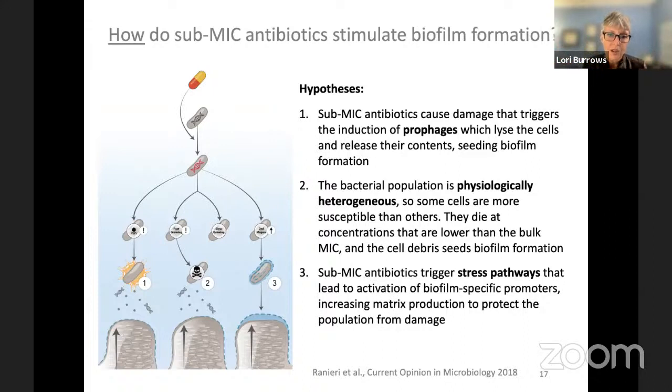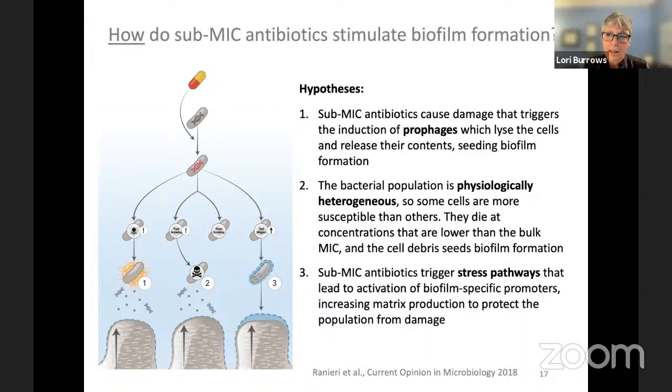So both of these first two ideas rely on the idea that if you have bacteria dying and spewing out their guts, that's going to help the rest of the biofilm grow. And we tried to test that idea by actually adding dead bacteria to the wells when we form a biofilm. And we saw a little bit more biofilm, but not anywhere near the huge spikes that we get for some antibiotics. So we don't think this idea is the only thing going on.